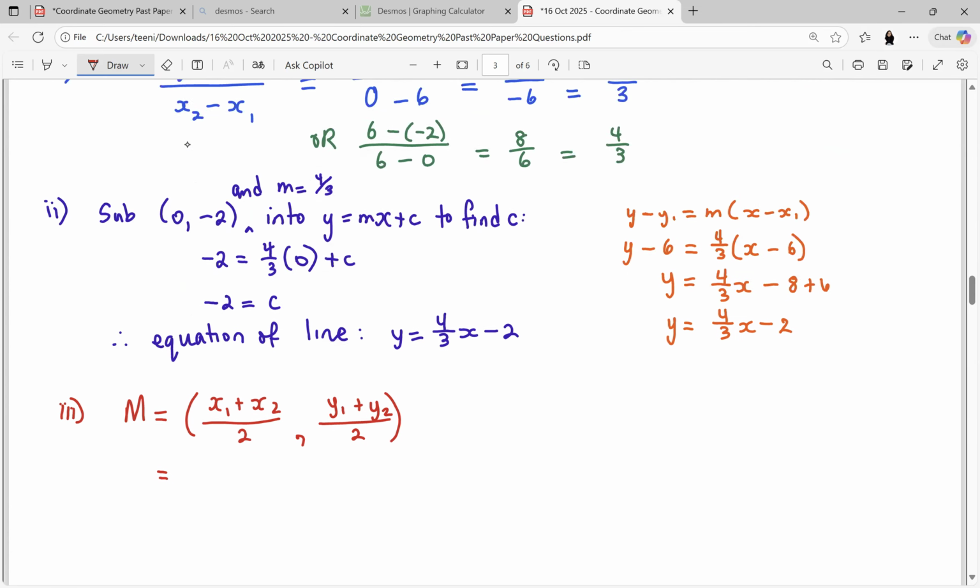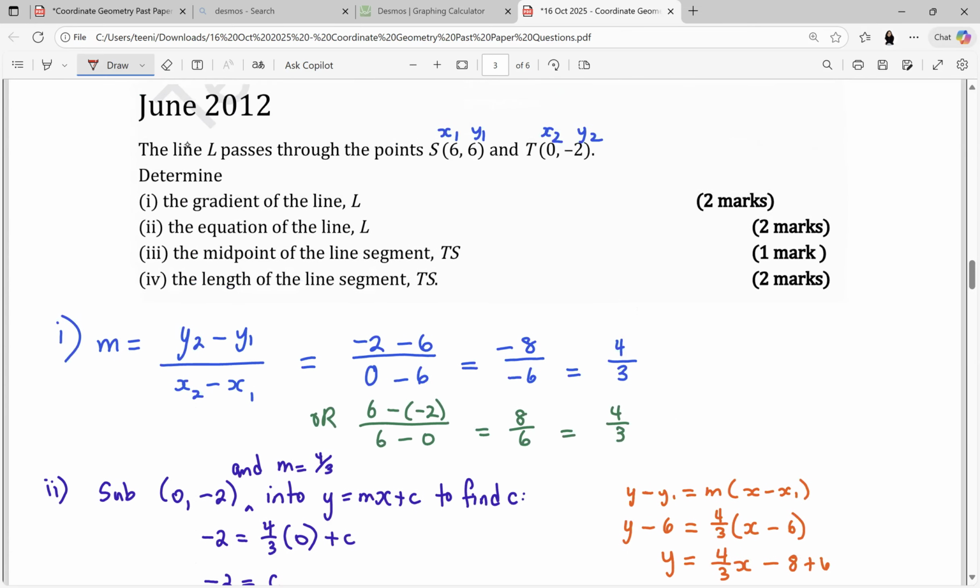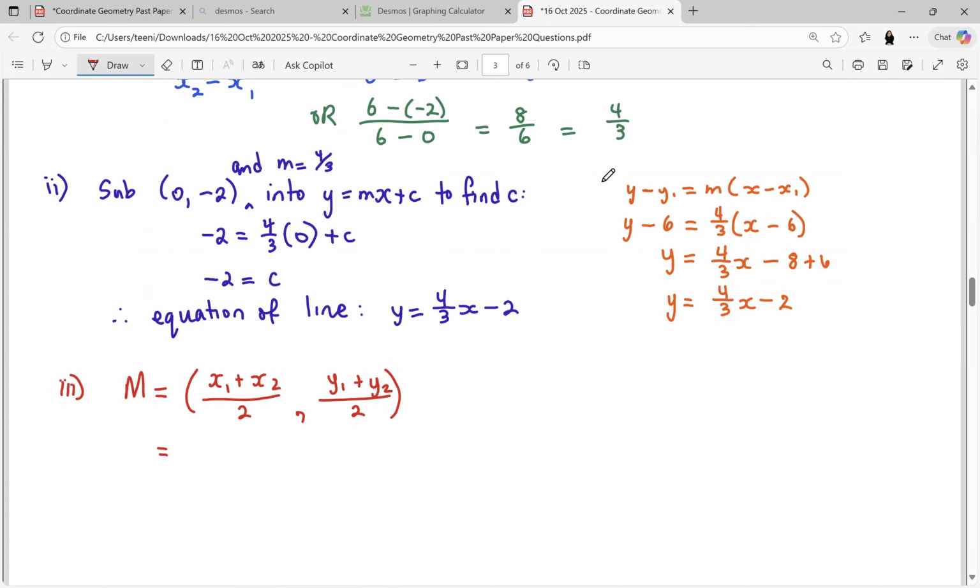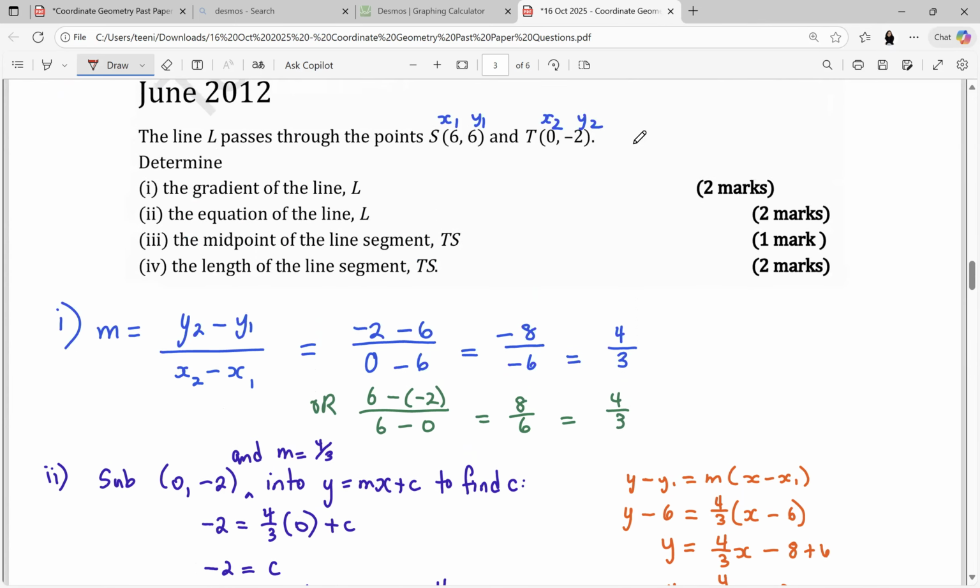That would give me, so it's 6, 6, and 0, -2. So 6 plus 0 are the x coordinates divided by 2. And then your y coordinates are 6 and -2.